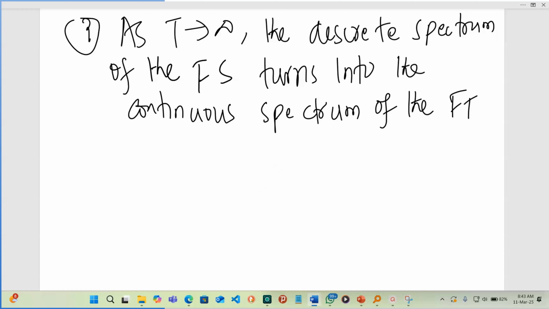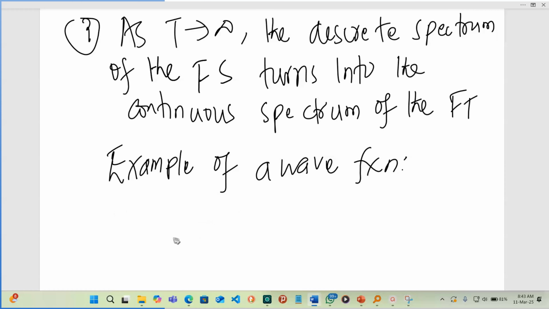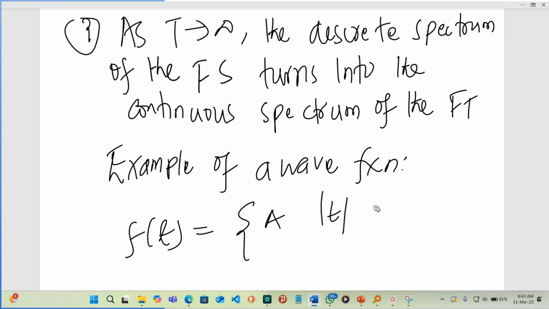So let's take an example. Take an example of a wave function. We have a function f of t equal to A for t between negative T over 2 and T over 2, where T is the period of the function, and 0 elsewhere.